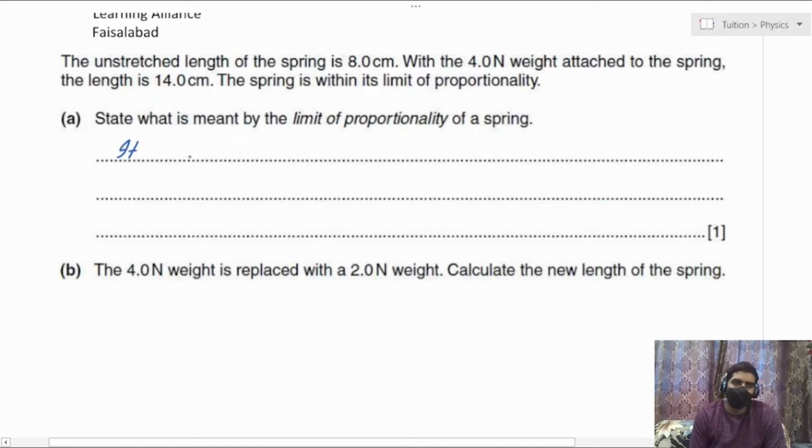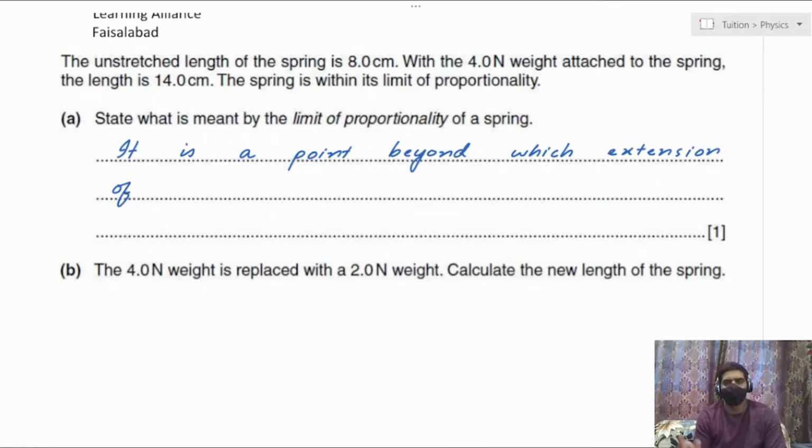So it is a point beyond which extension of a spring. All right, we have to be more specific because they are asking about the limit of proportionality of a spring, so you have to include that in your statement.